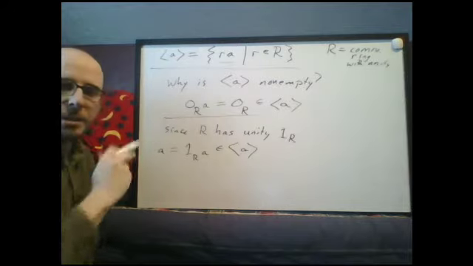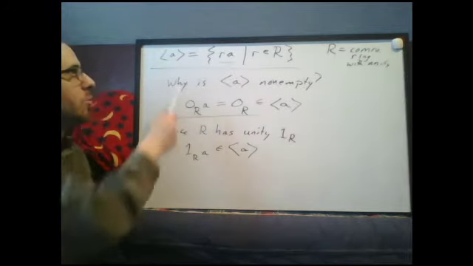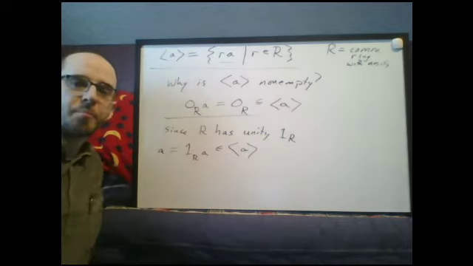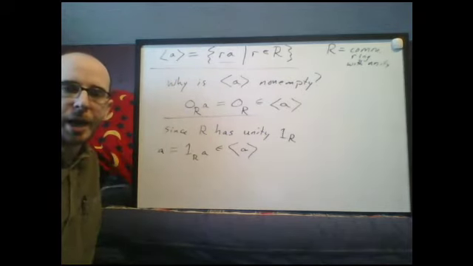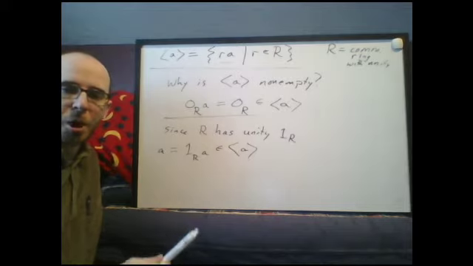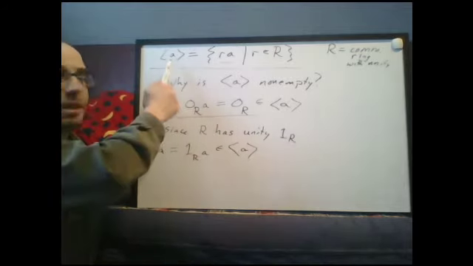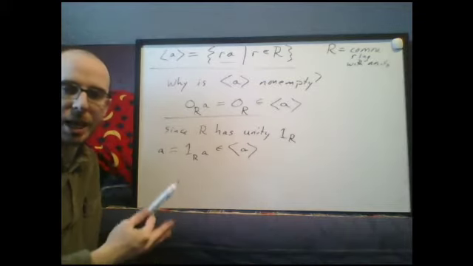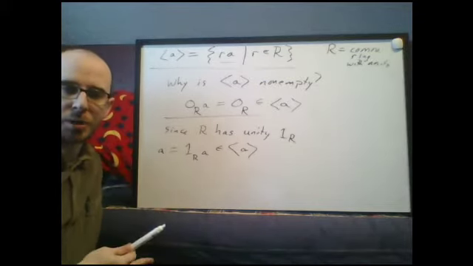So I mentioned this because one way of describing what this ideal is, it's the ideal generated by A, and what we want that to mean is it's the smallest ideal that contains little a. So of all the ideals that contain A, this is the smallest one.